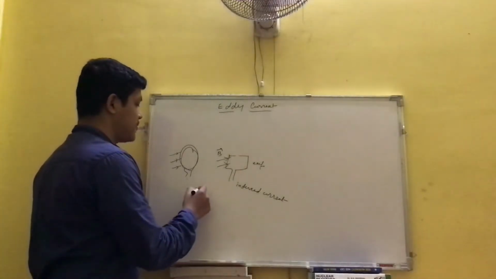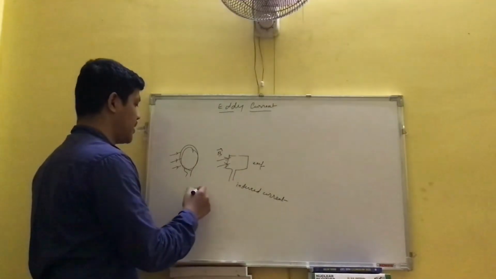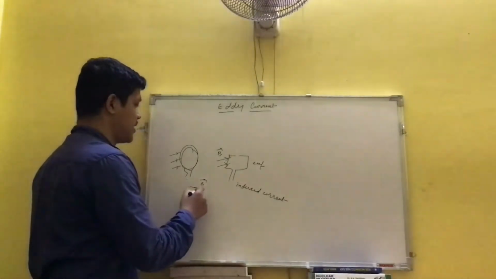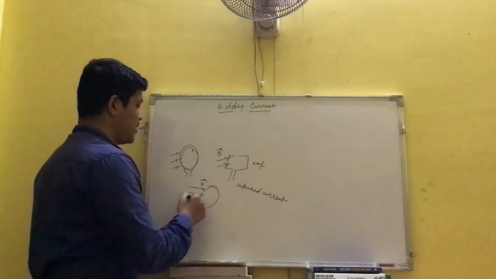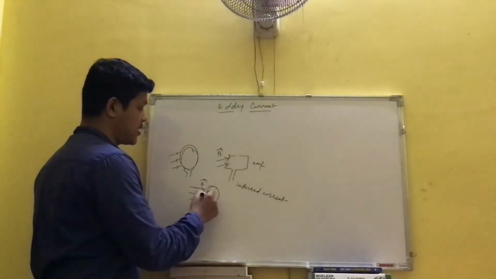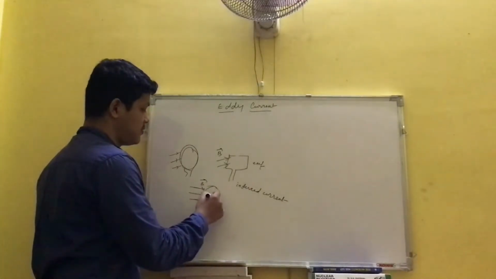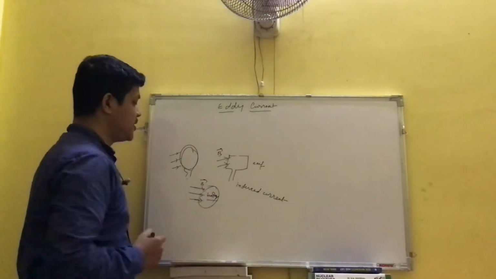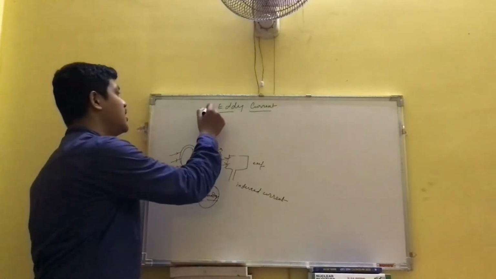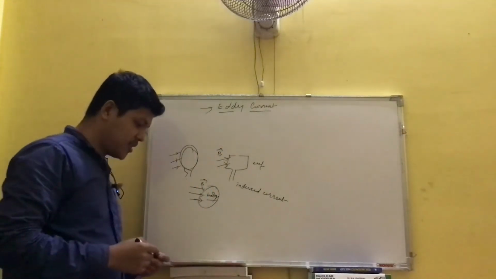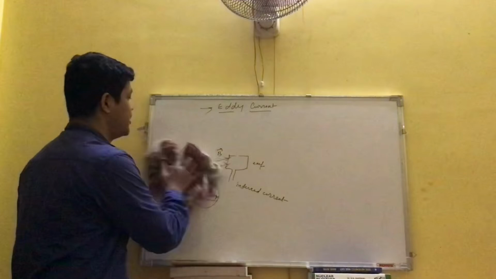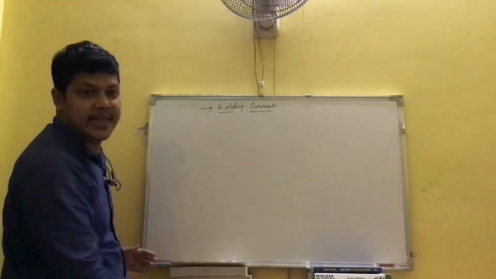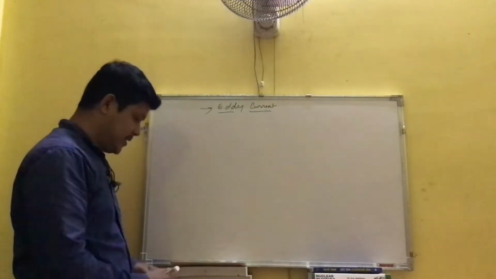Now instead of a coil, if magnetic flux changes, these are magnetic field lines, and those magnetic field lines change across a solid conducting body, then the current induced in that body will be called eddy current. So let me write the definition here. What is eddy current?